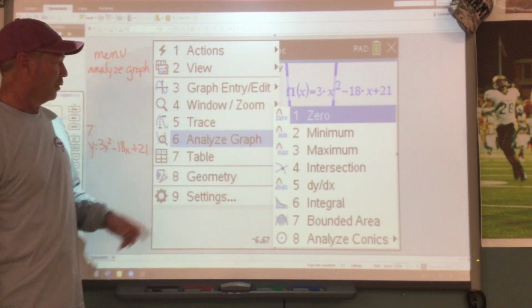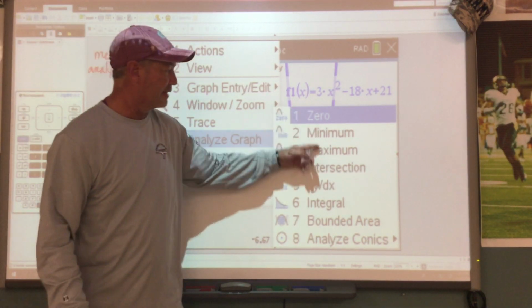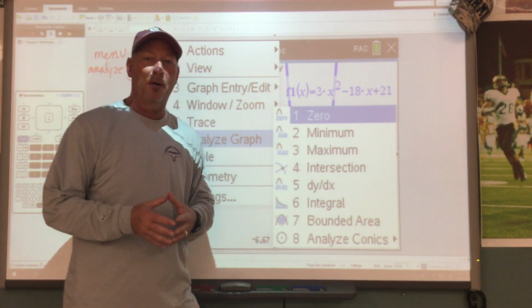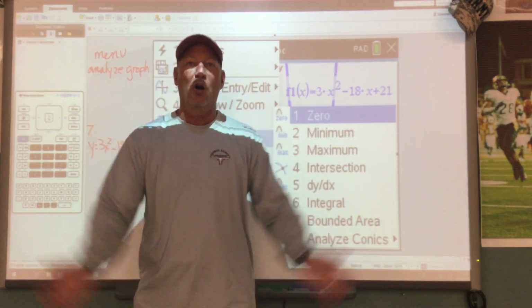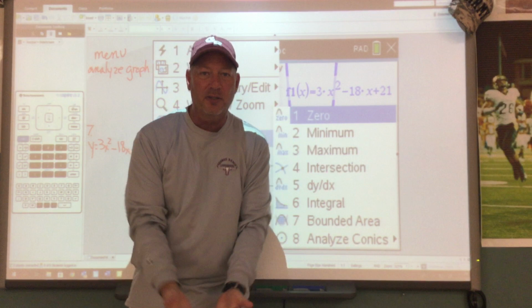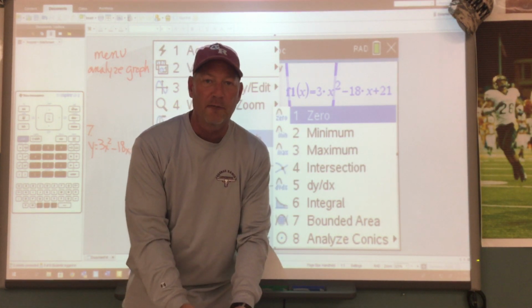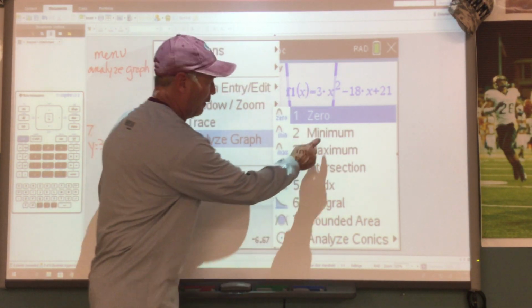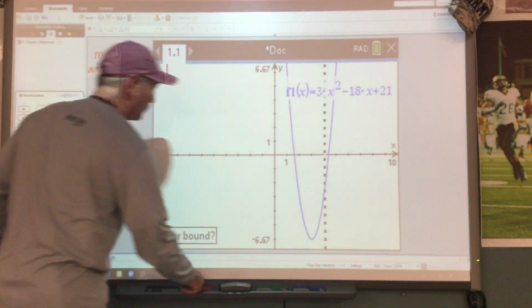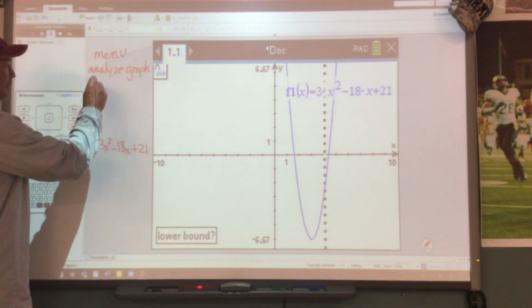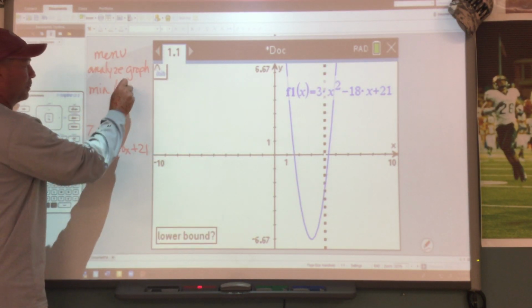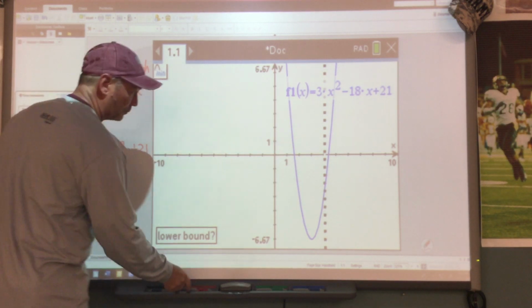We're going to look for, it's either a maximum or a minimum with our vertex. And since we're opening up and my vertex is way down low, we're looking for the minimum. So we're going to say, I want to find a minimum in this case. I'm going to say min or max, depending on our graph, okay?